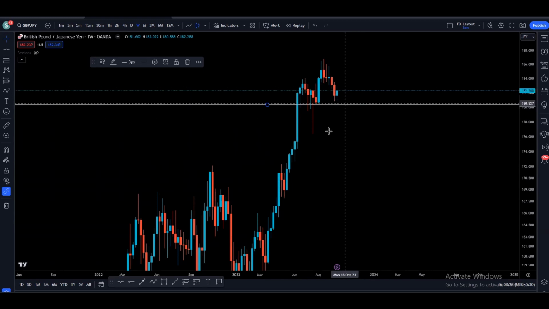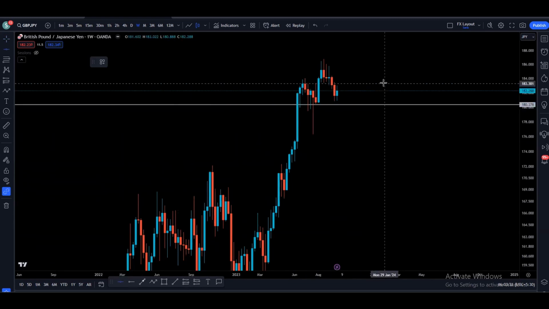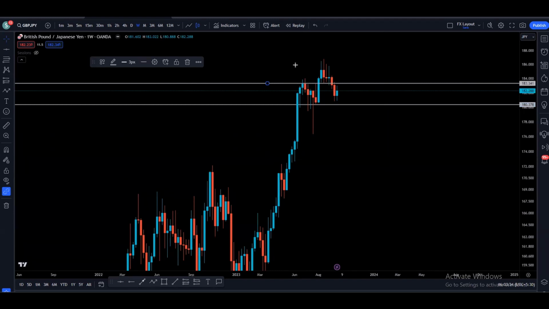So right now, we can see that we have this support, and we have this resistance. The last weekly candle closed bullish, but we stayed below this resistance.